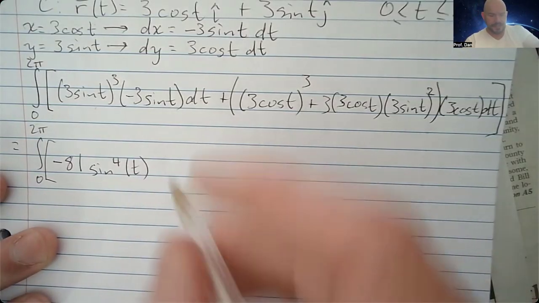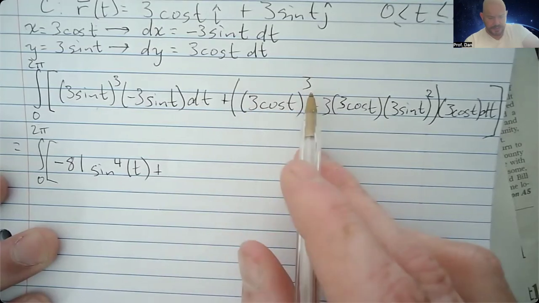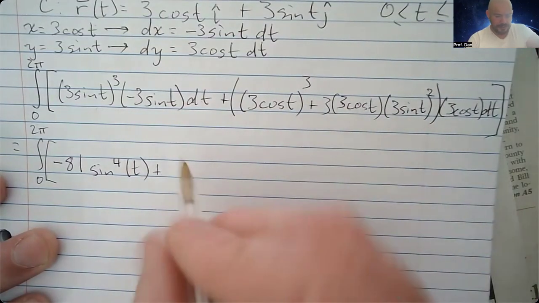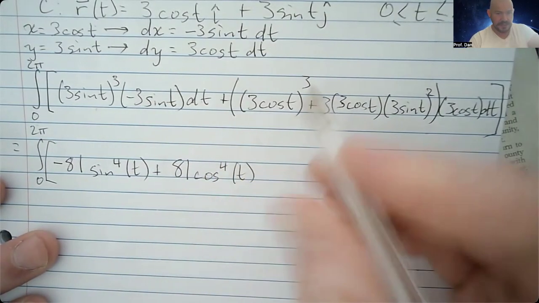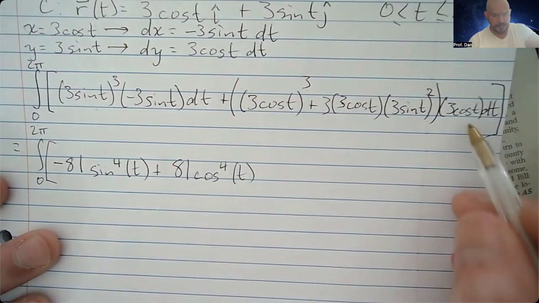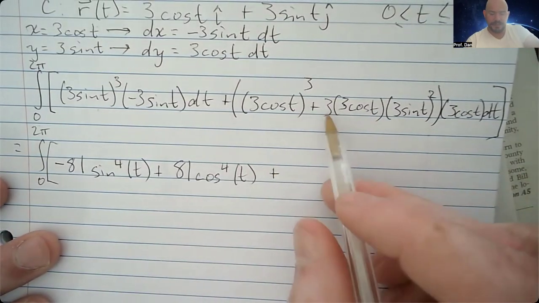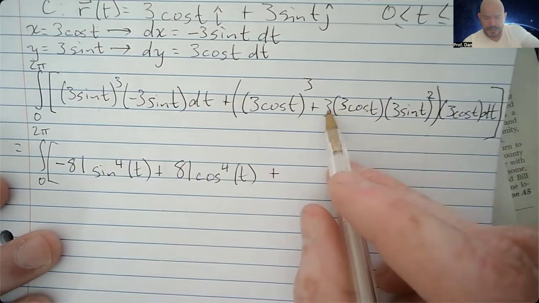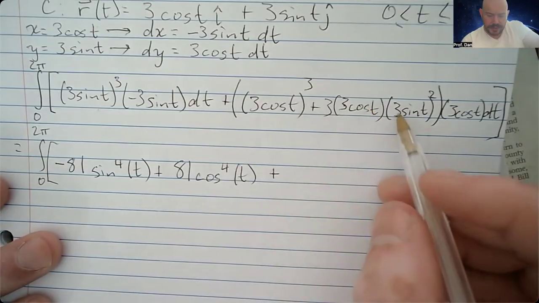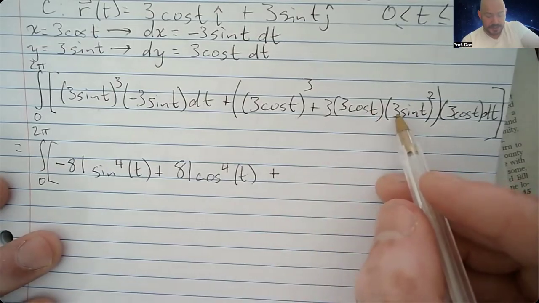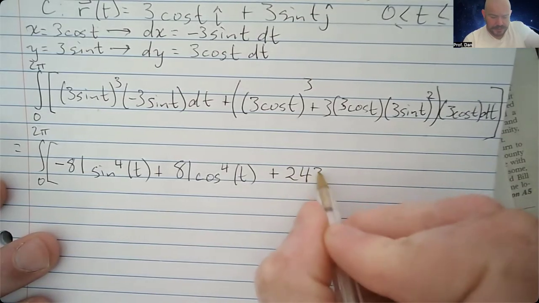All right, and then for the second term, I'm going to have 3 cubed, that is 27, times another 3 will give me 81, cosine to the 4th t. So I get cosine cubed times another cosine, plus, and then here we're going to have 3 times 3 is 9, times another 3 gives me 27, times 3 two more times gives me 243, also known as 3 to the 5th.